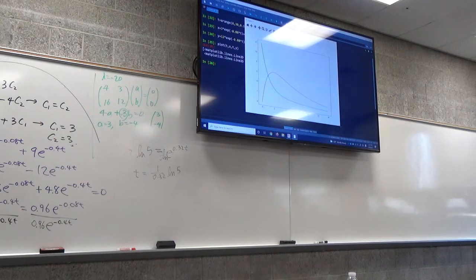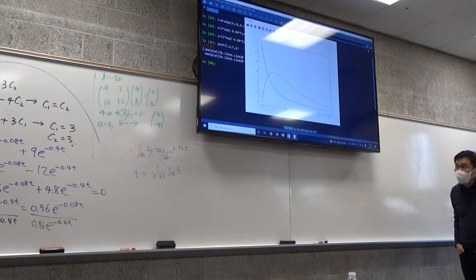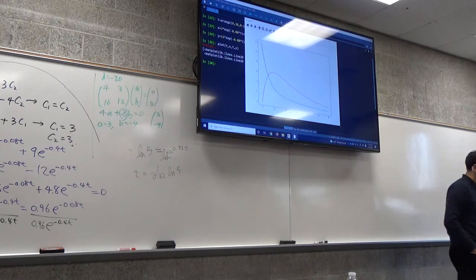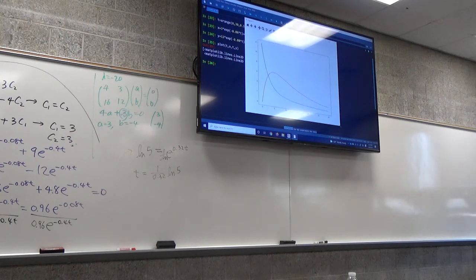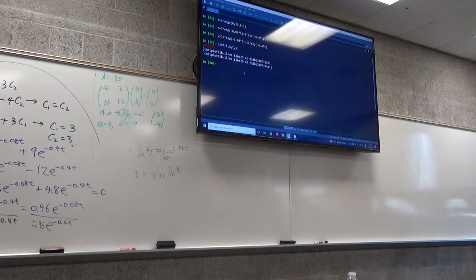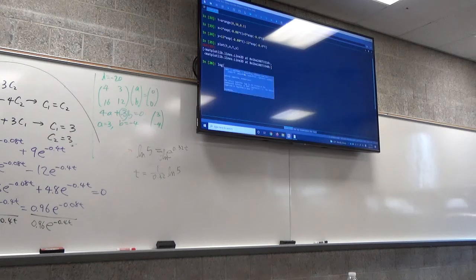Now, judging from the graph, which one's x and which one's y? X is the blue. Yeah, blue is the x because it's just continuing to go down, whereas the orange reaches its maximum somewhere around 5, right? And then it goes down. We can actually figure out what that value is just by doing log of 5 divided by 0.32.